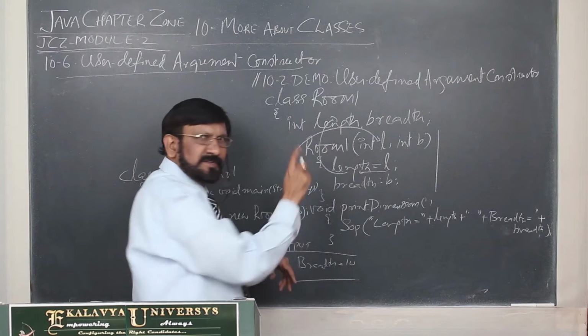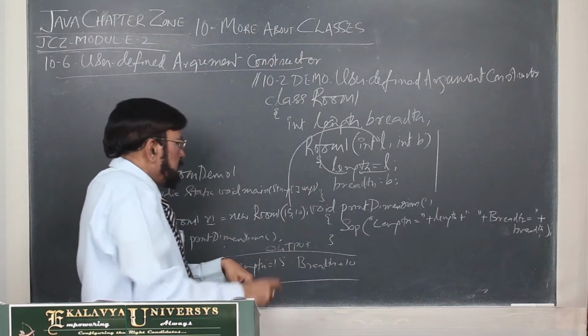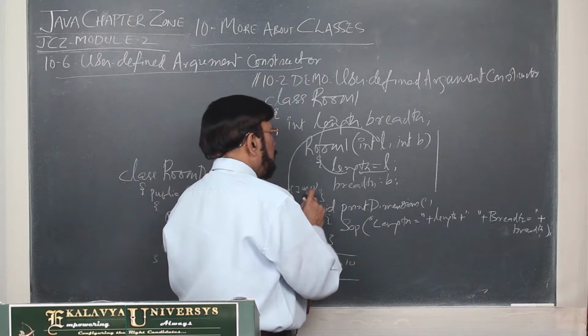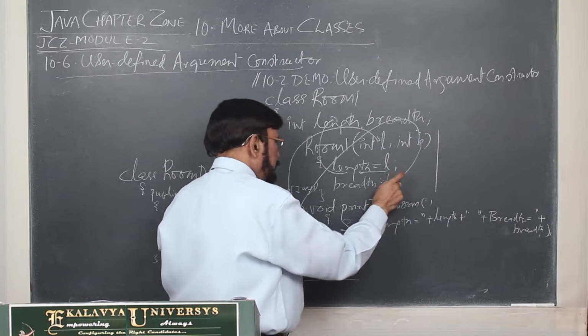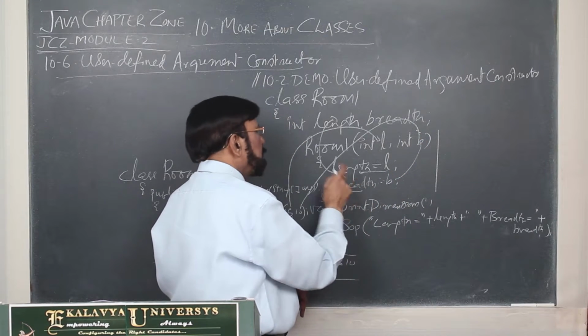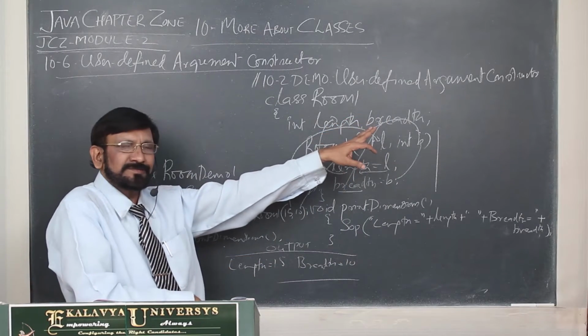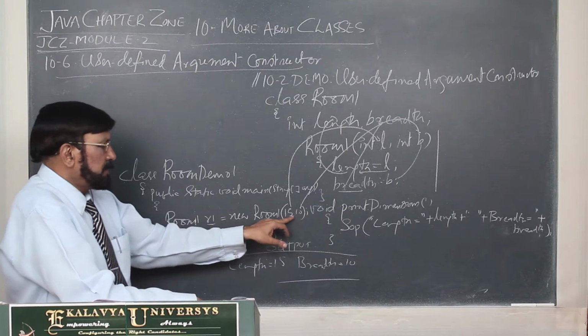That initializes the instance variable. Next one, 10 is there. 10 goes here, and in turn it is assigned to breadth. In that way, breadth is initialized.